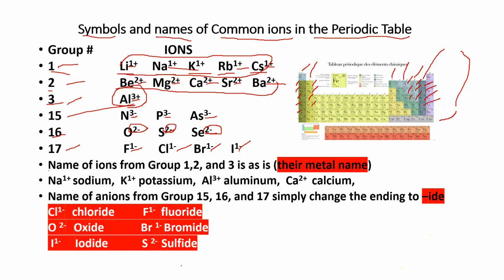Now always remember the name of the ions from group 1, 2, and 3 is as is their metal name. Their metal name. So lithium, Li+, and Na+ is sodium, potassium, K+, rubidium, Rb+, cesium, Cs+.